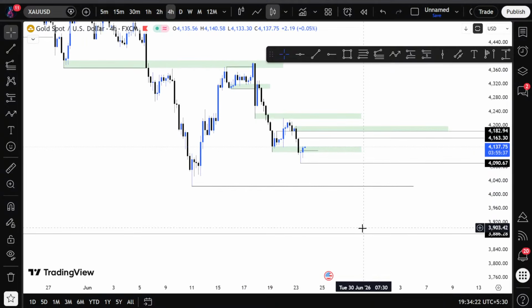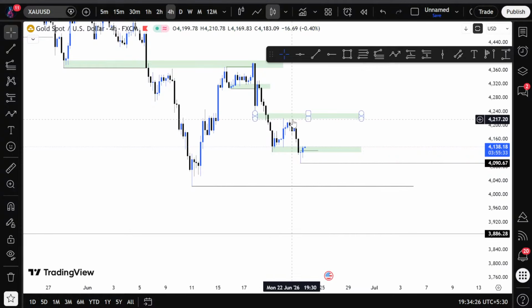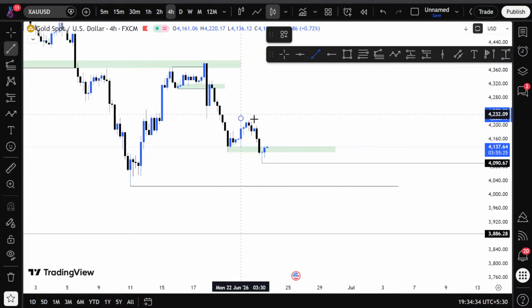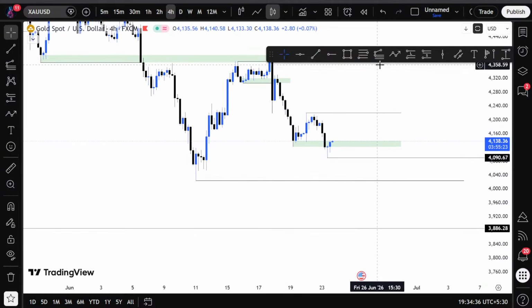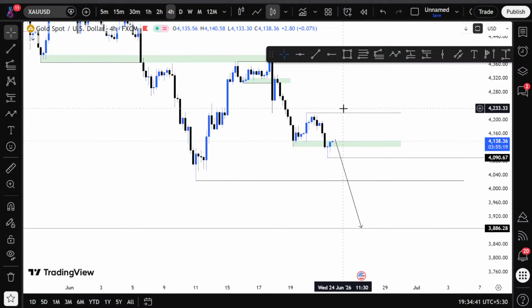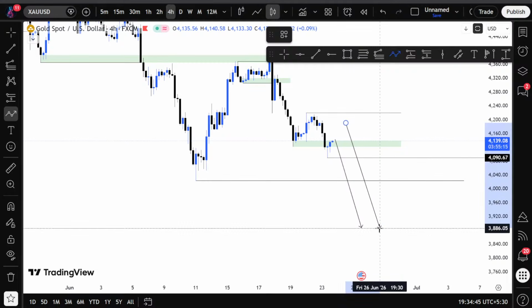This will be our plan. The simple manner, I'm just looking for a drop to this area until we break above this high from this area or this one.